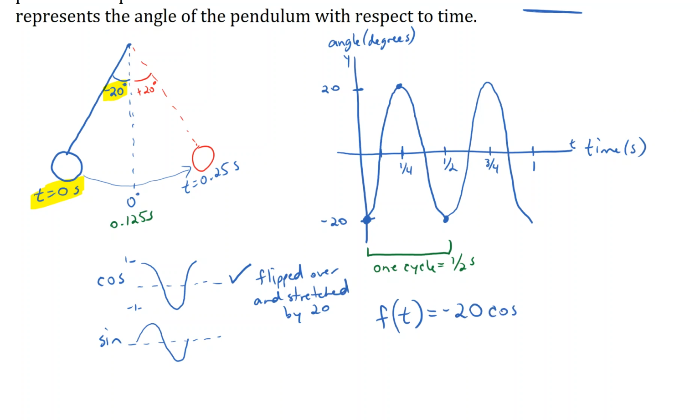The negative is because it's flipped over, it's multiplied by a negative, and stretched by 20 means it's multiplied by 20. So it's going to be negative 20 times the cosine of some expression, some argument here that represents whatever the angle input is to the cosine.